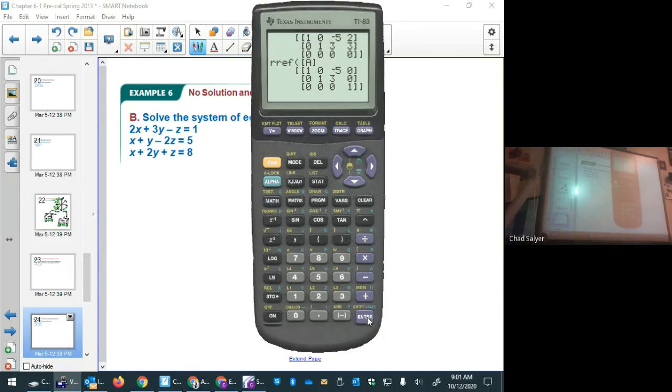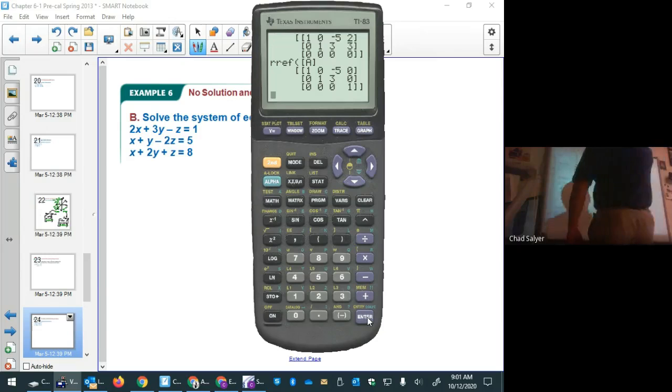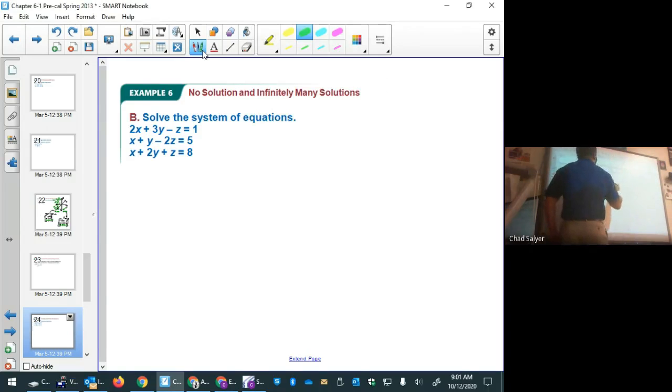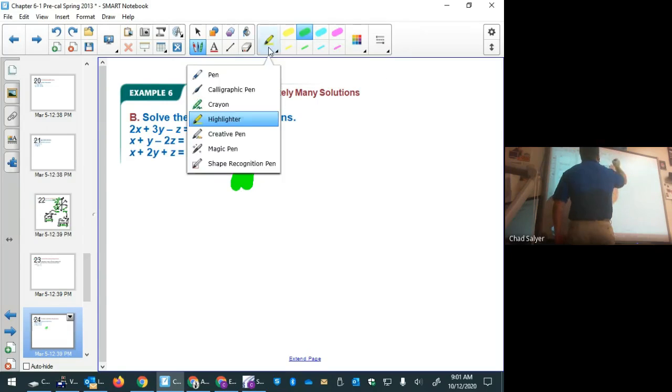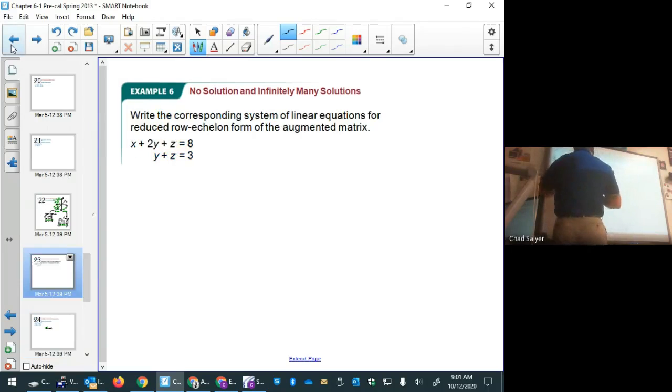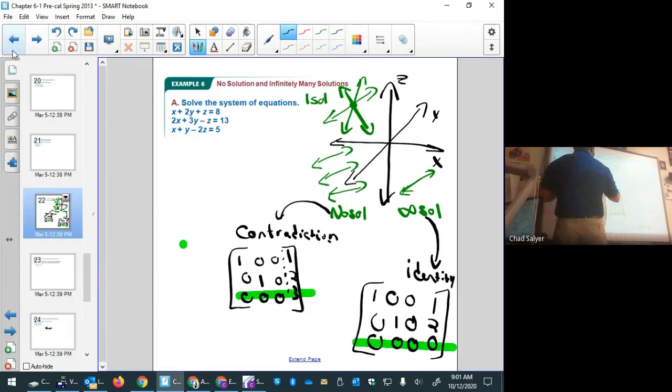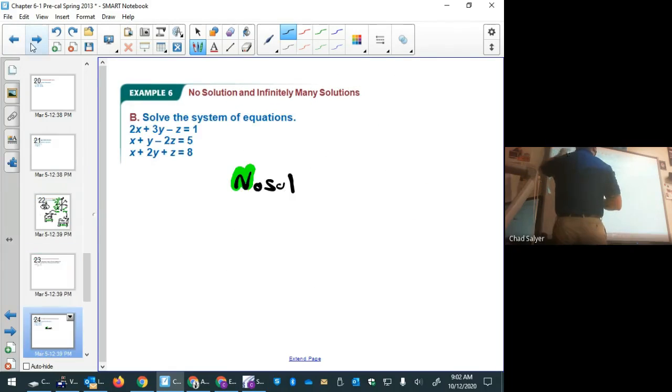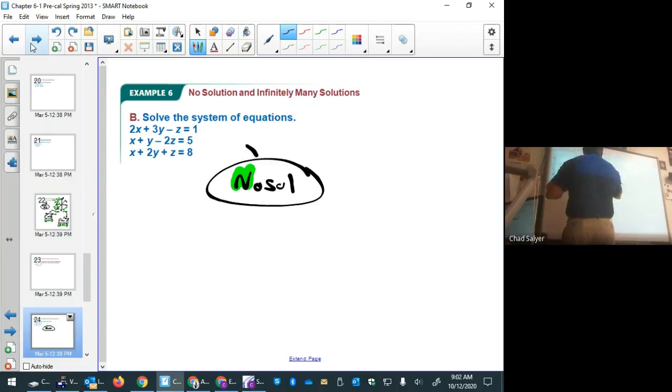So, which one of the special cases do we see here? Indeed, it's a contradiction, telling us that 0 equals 1. So this is no solution. And the previous one, which I never really wrote on here, was infinite solutions.